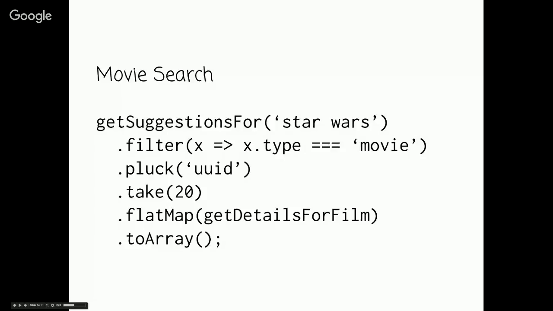So when we came to search, it actually took 5 minutes to implement search because it was just these lines here. It takes a little while to absorb and understand how you can use this, but it does make working with asynchronous things quite a lot simpler than it would otherwise be.